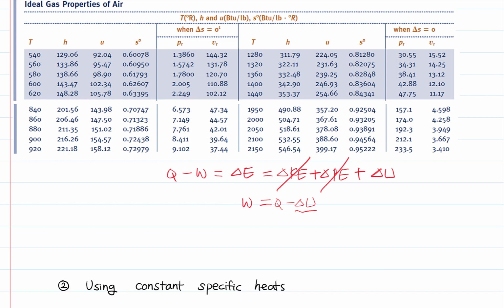The uppercase U denotes the extensive property. So Q minus mass times specific internal energy change. Q is negative 20 BTU. Mass of the air is 2 pounds. And we need to determine u2 minus u1.